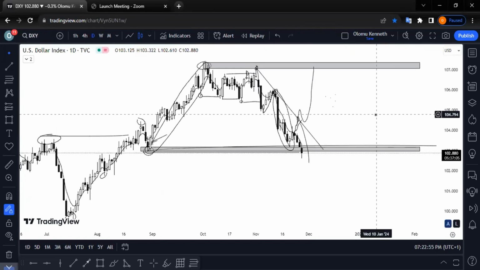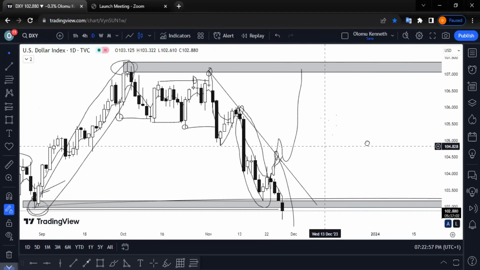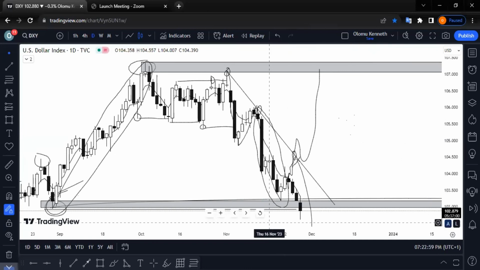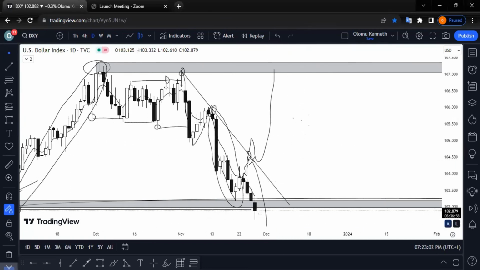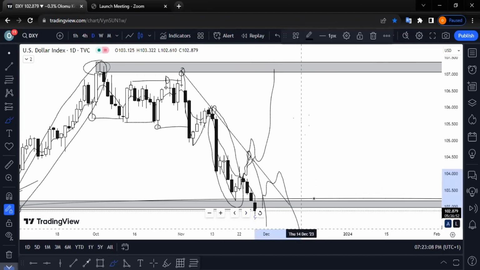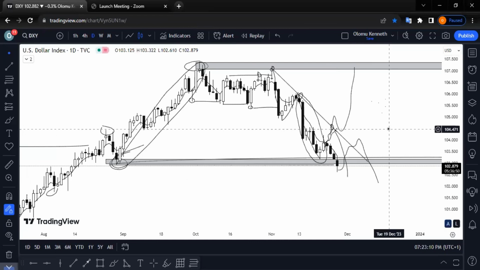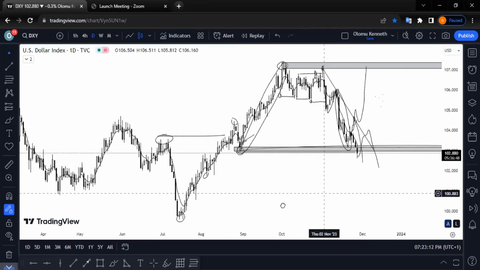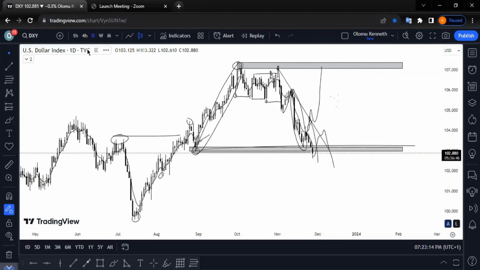Bearish, because price is trying to exceed that level. So all we need to do is wait for price to go back to the upside, then we keep going back to the downside. So this is our projection for the week.